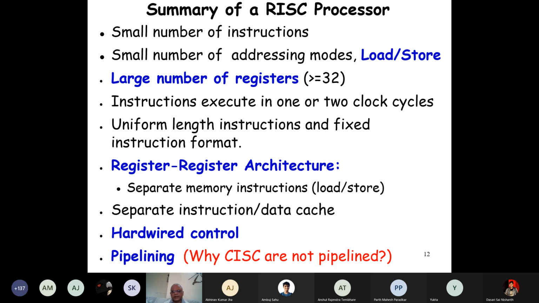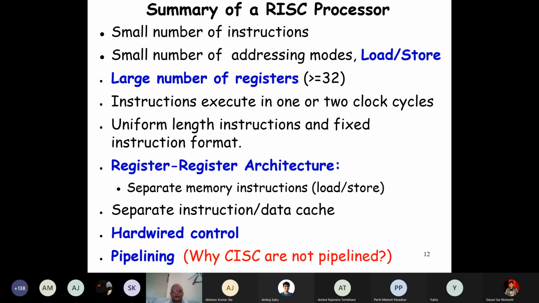So what Ambuj is saying is that, see, in the addressing mode, if you have a register operand, if you have 32 registers, to encode these 32 registers, you need 5 bits. To encode 64, you need 6 bits. To encode 128, you need 7 bits. So the size of the instruction is increasing.